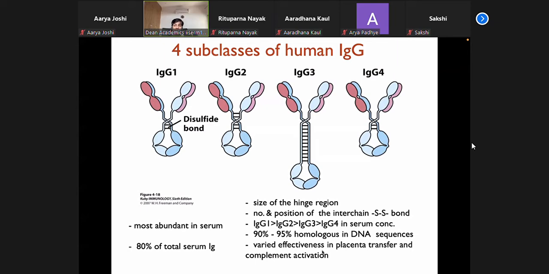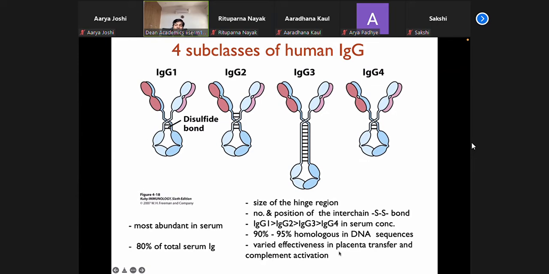As far as function, they can be transferred through the placenta into the fetus and provide some level of protection in the fetus, or in a newly born individual, neonates.